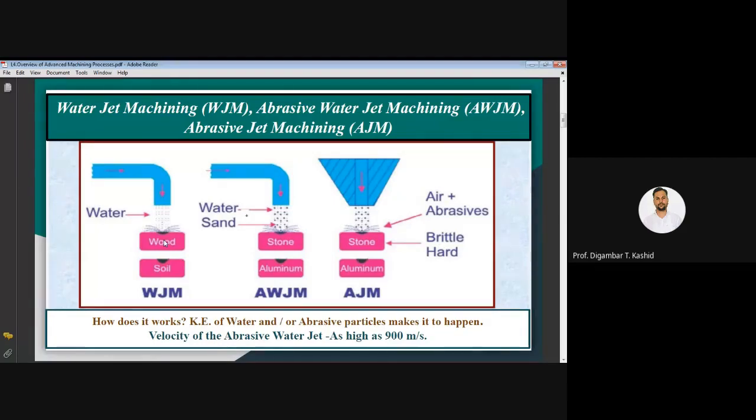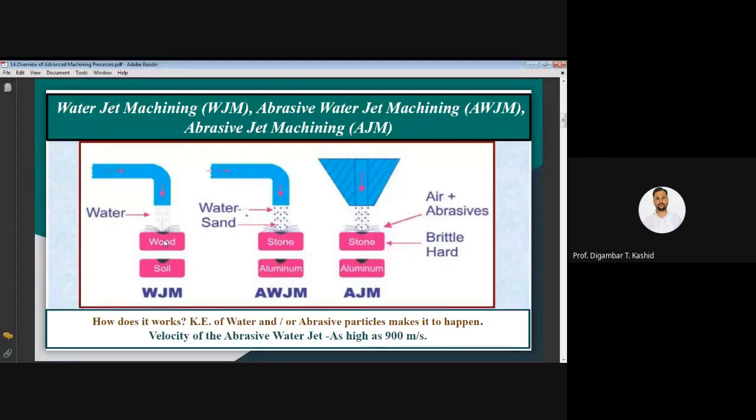If water comes through that tap continuously and impinges, or strikes, on your wooden piece, then after for example 1 week or 10 days, you will observe that small craters or small pieces of that wooden block are removed from that surface.